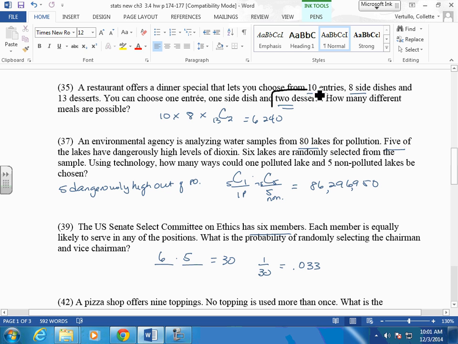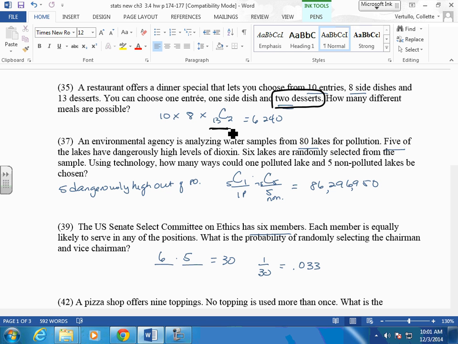This one said 2 desserts. Does it matter what order you choose your desserts in? No. So that's a combination. So instead of 10 times 8 times 13, we're 10 times 8 times 13 things, combination 2 at a time, because you can pick 2 instead of 1, in any order.